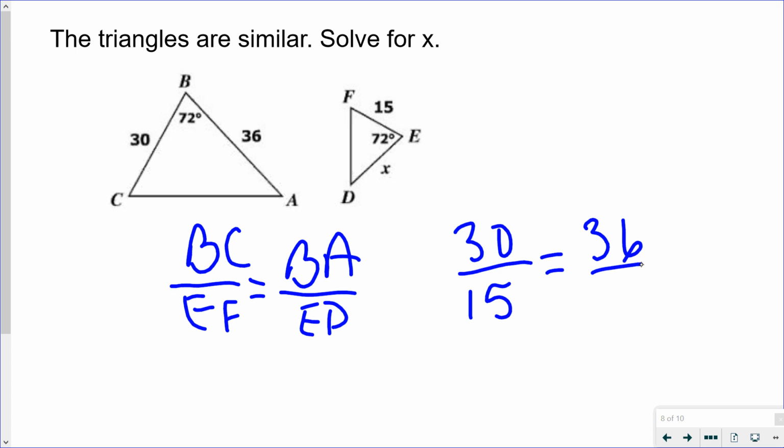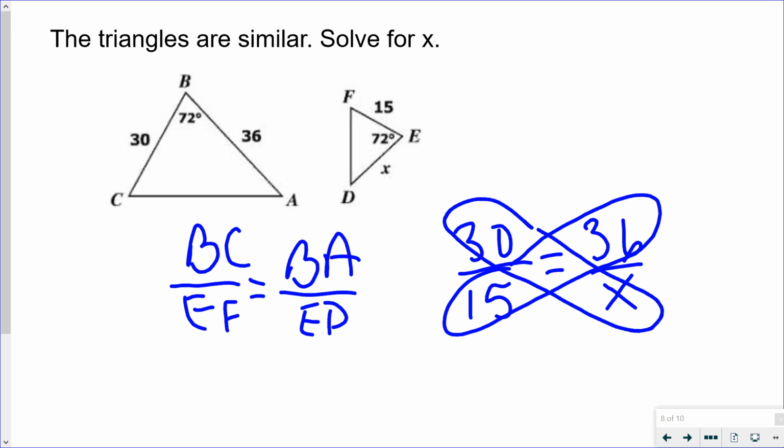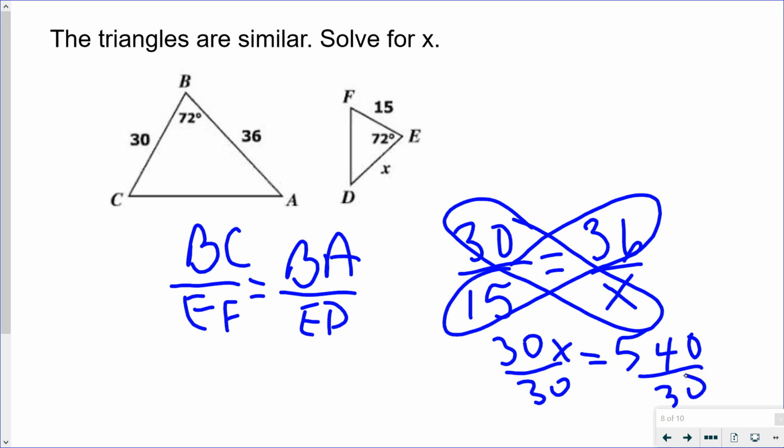And then ED is what we're looking for, so that is X. If I want to find out what X is, cross products are the same. So 15 times 36 should be equal to 30 times X. 30X is equal to 15 times 36, which is 540. Divide both sides by 30. So X is 18.